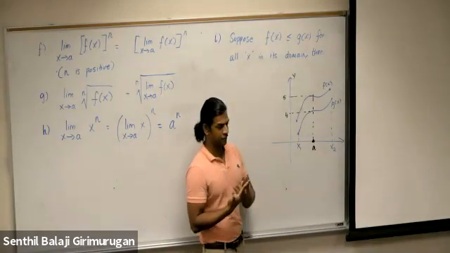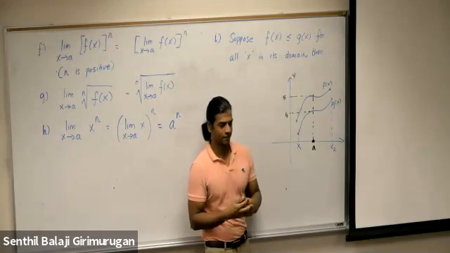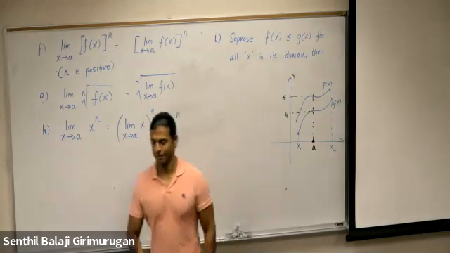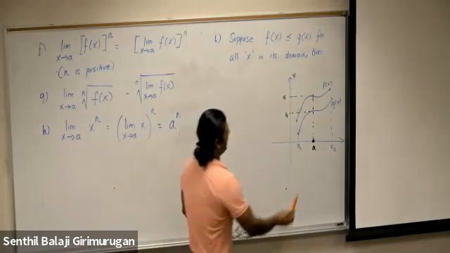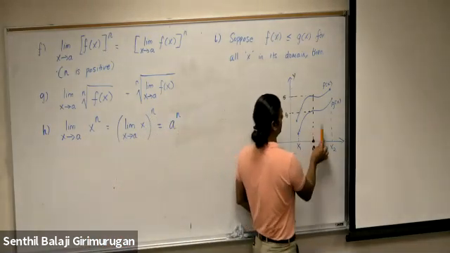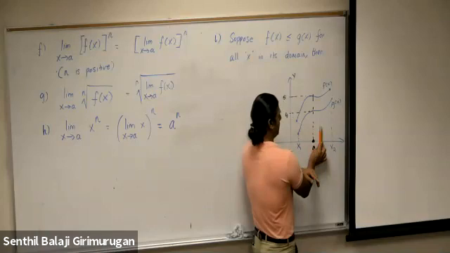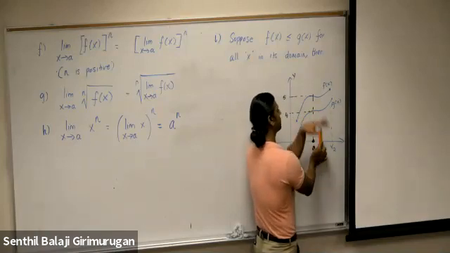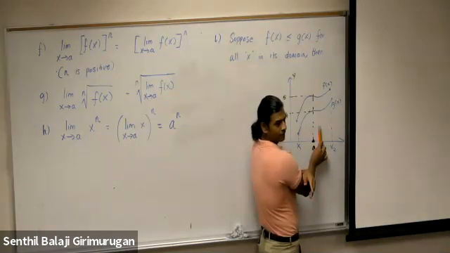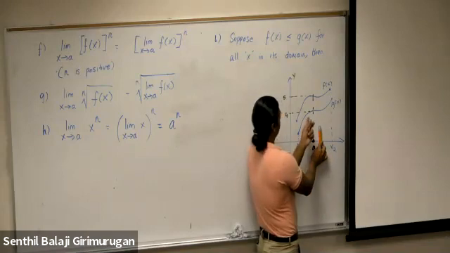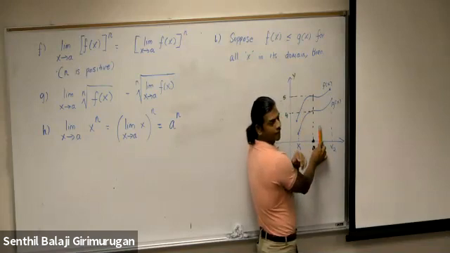What is the limit of the function f of x? 5. If I move this point over here, do you believe that the limit of g of x will be less than f of x? 4 is less than 5, correct?